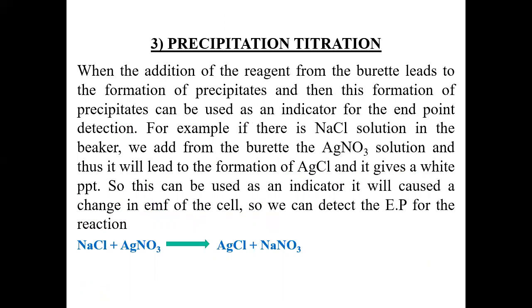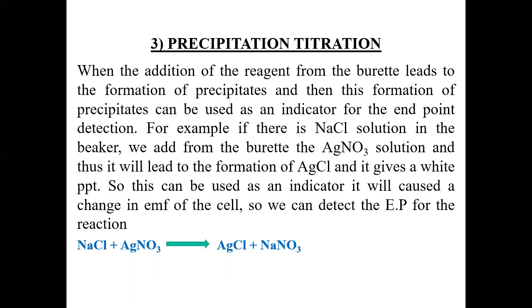For example, if there is NaCl solution in the beaker, we add silver nitrate solution from the burette, and thus it will lead to the formation of silver chloride, which gives a white precipitate. So this can be used as an indicator. It will cause a change in the EMF of the cell. So we can detect the endpoint for the reaction.